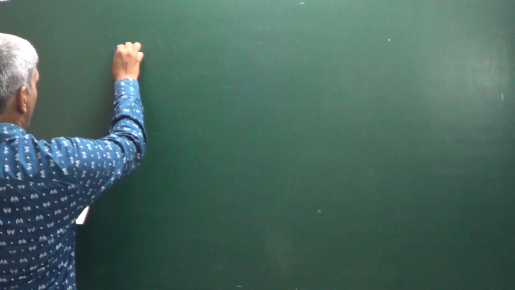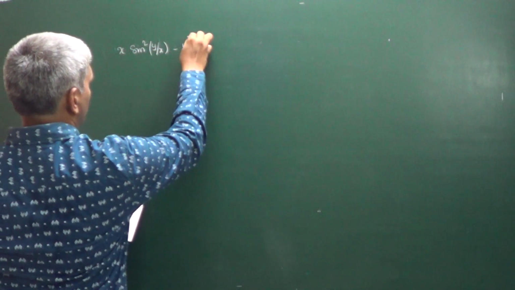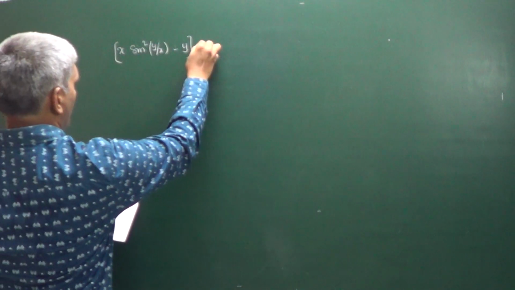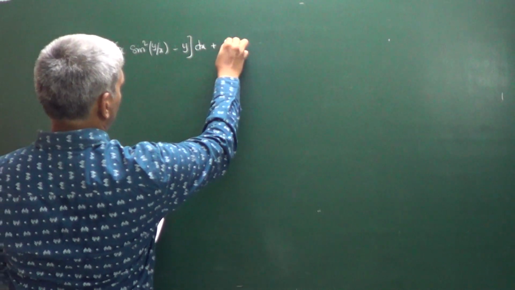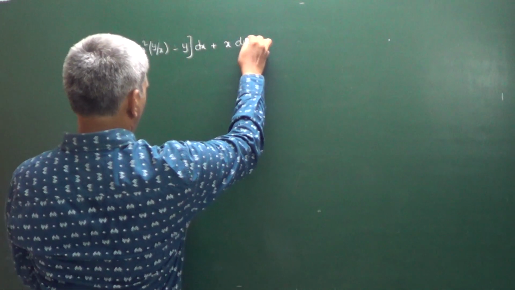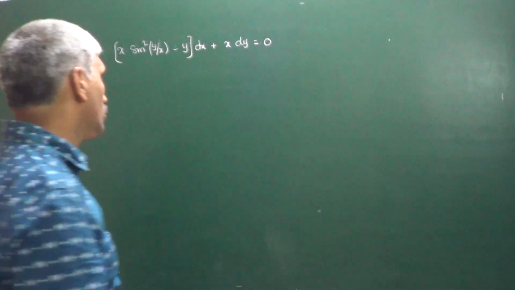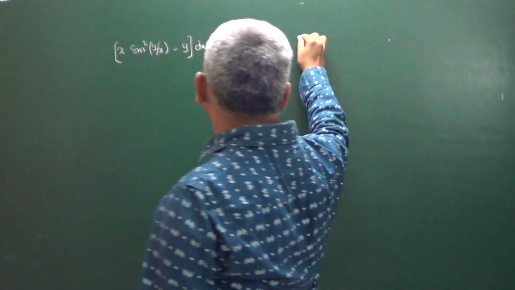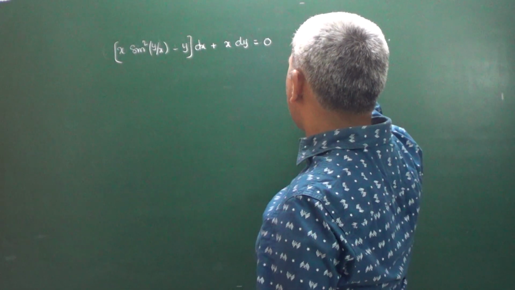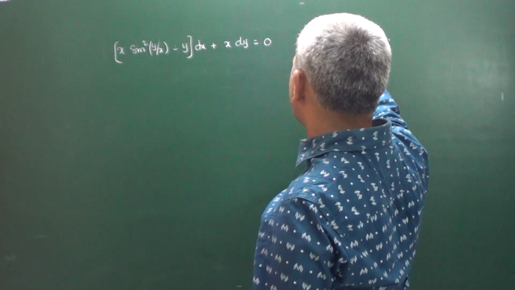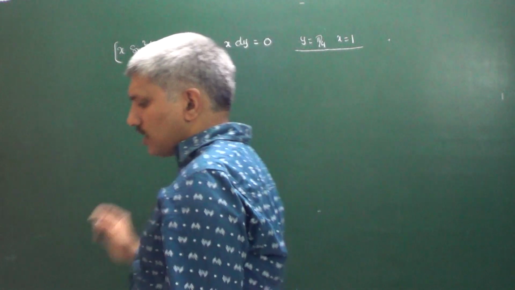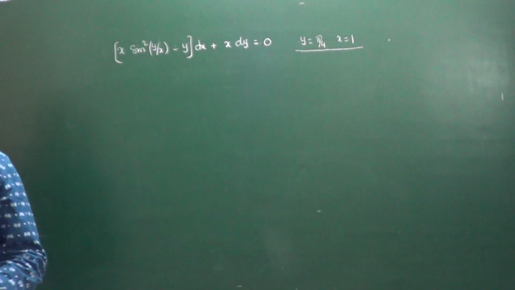Another one: x into sin square y by x minus y into dx plus x dy is equals to 0. Conditions given as y is equals to pi by 4 when x is equals to 1. So like that condition given.